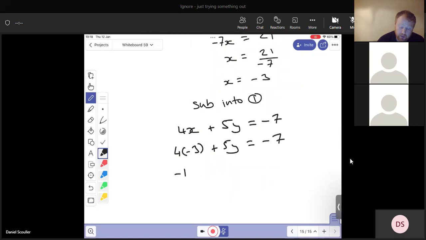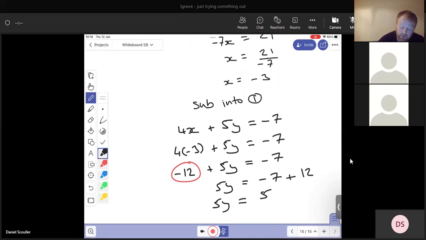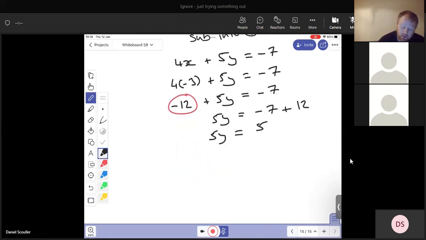So that'll be negative 12 plus 5y equals negative 7. Taking that across becomes a positive, change side, change sign. 5y equals 5. y is equal to 5 over 5. y is equal to 1.